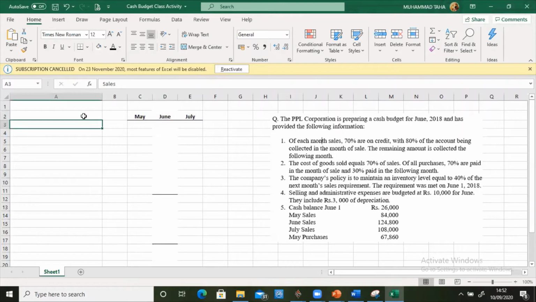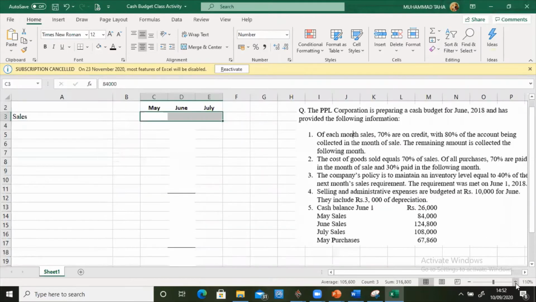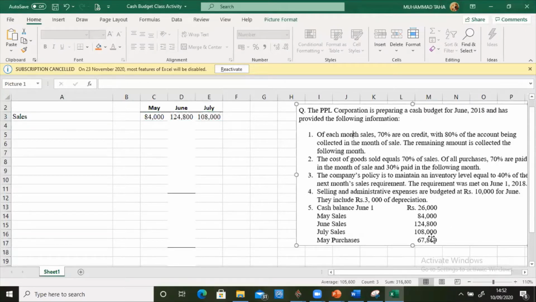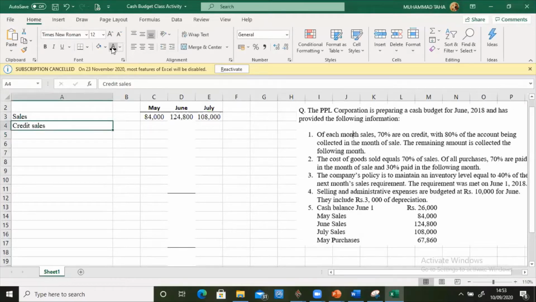The first thing that we should use is the sales amount. The amounts for sales provided to you are 84,000, 124,800, and 108,000. So I've taken these three values. Now the credit sales amount.